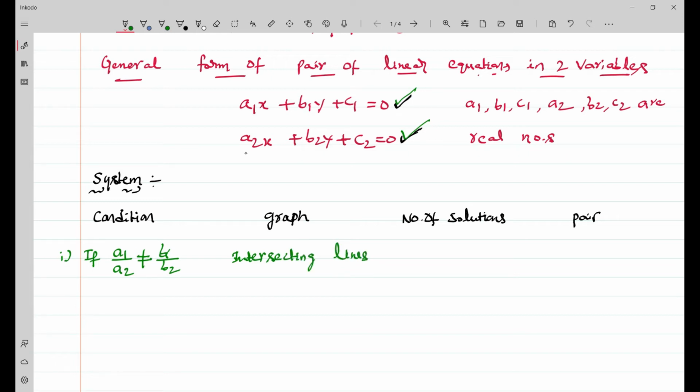And they are intersecting at one point. That's why there is a unique solution. That's why I am writing here 1. If there is at least one solution, then that pair is called a consistent pair or dependent pair.